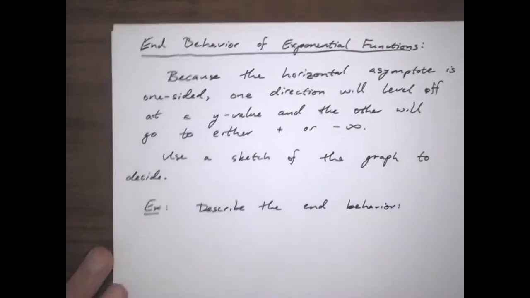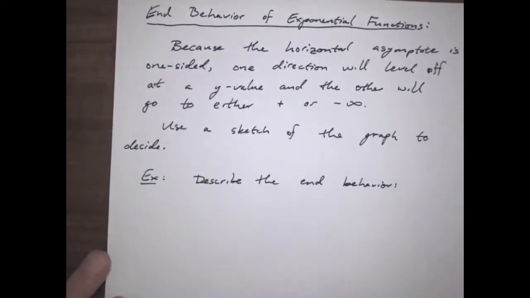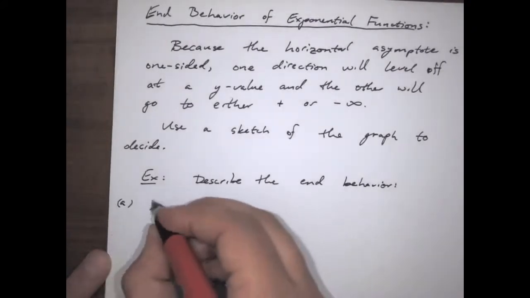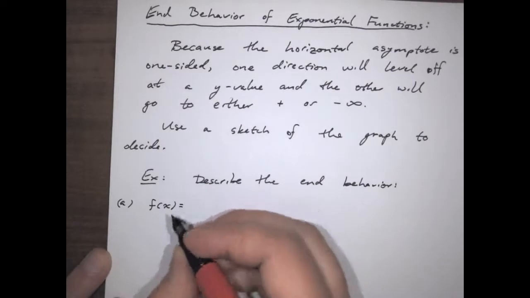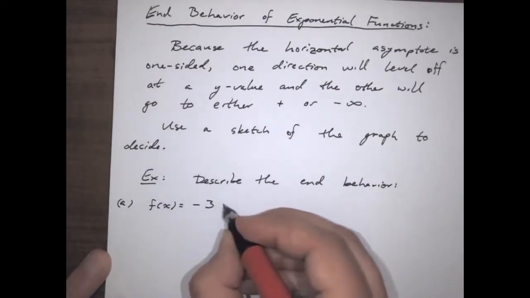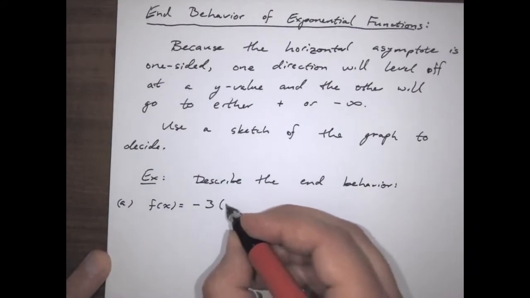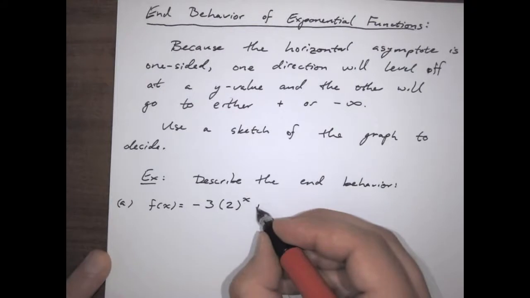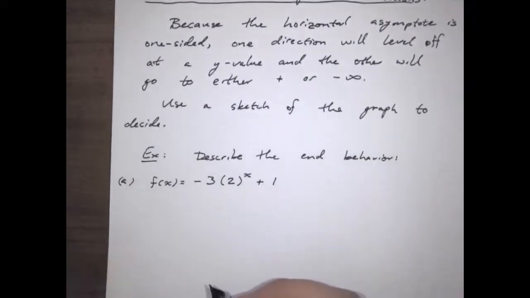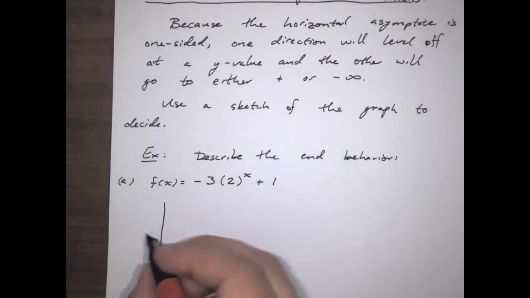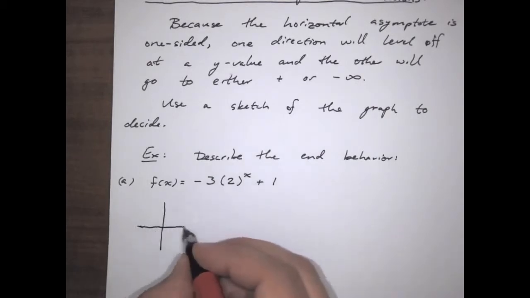And here, let's say the end behavior is something like this. f of x is equal to, let's say, negative 3 times 2 to the x plus 1. So now thinking about what's happening here, we have a horizontal asymptote being shifted up 1 unit.